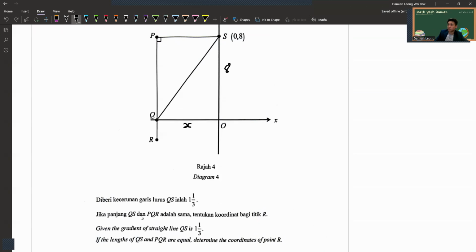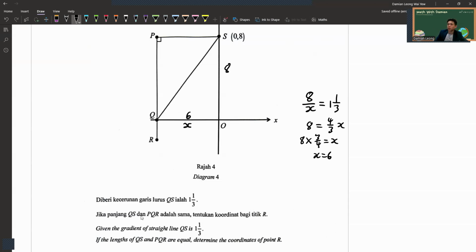I don't know what this distance is. So vertical distance over horizontal distance equals gradient, 1 over 3. 8 over x equals 4 over 3. Bring over the fraction, flip the fraction around. 8 times 3 over 4 equals x, which is 6. So here will be a distance of 6.